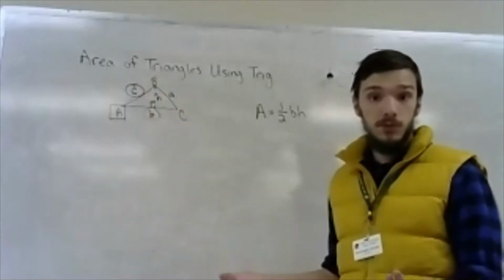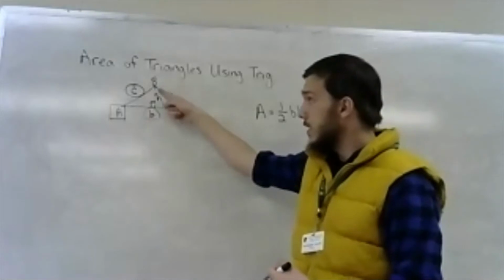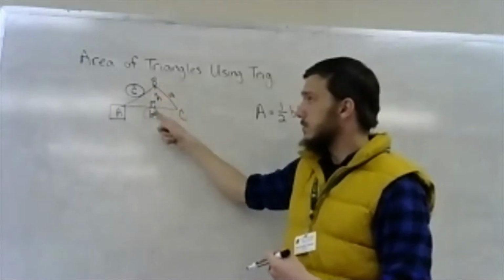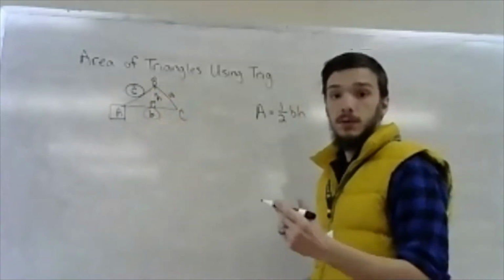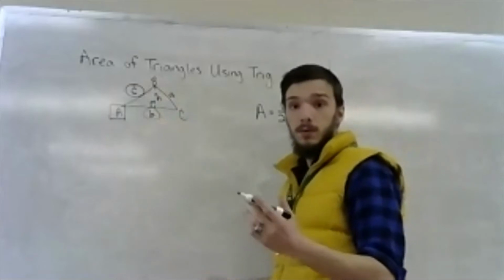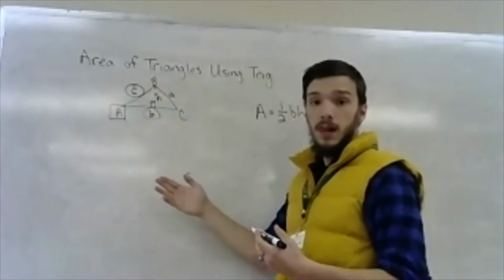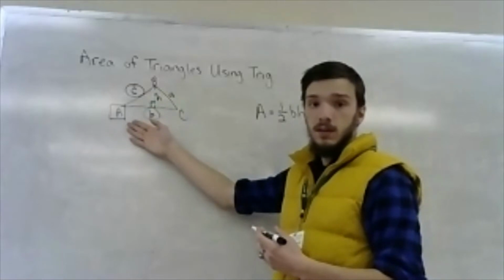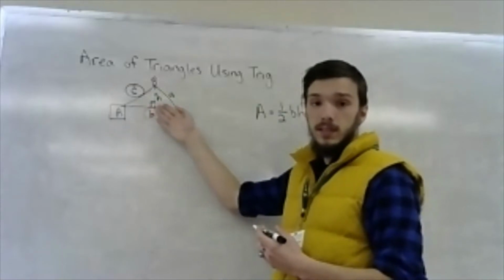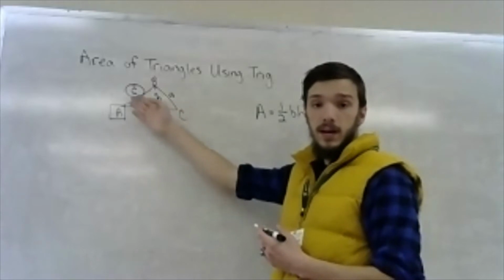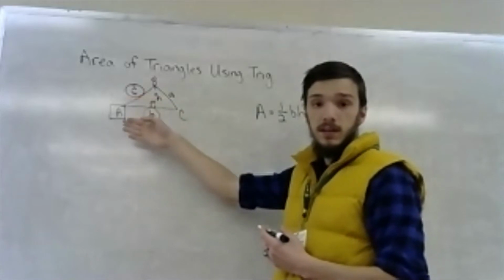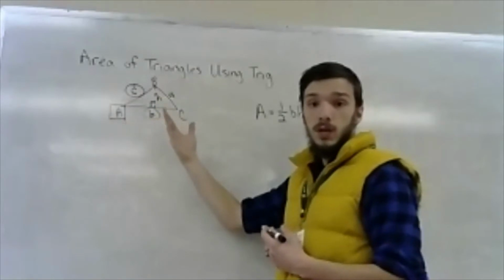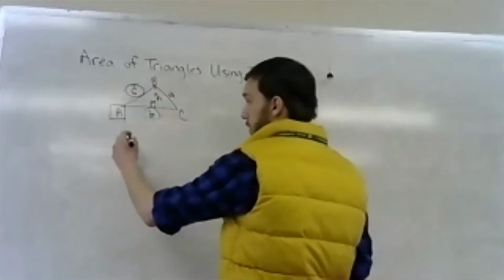Well, we can use some trigonometry because the height creates a right triangle for us. So to find the height, let's use sine, because the height is the opposite of angle A and the hypotenuse is represented by C. So let's take a look.